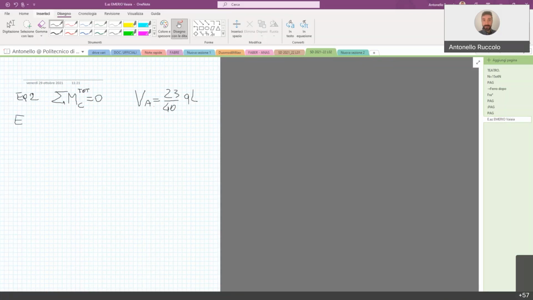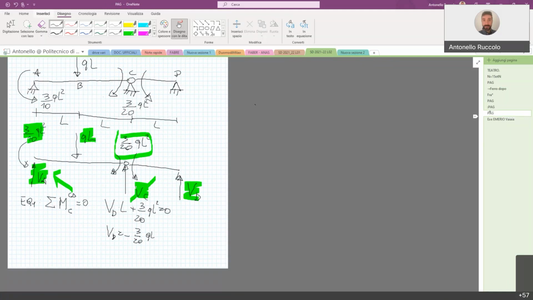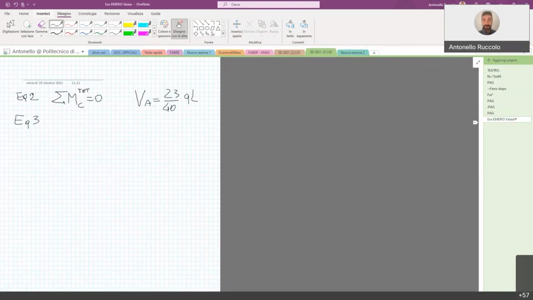Finally, the easiest equilibrium that we can think of, let's come back here. We have found out now VA. The only unknown is VC, which is still unknown, and it's a vertical force. So we can just apply a global equilibrium of vertical forces.